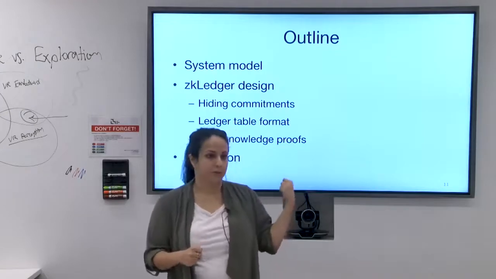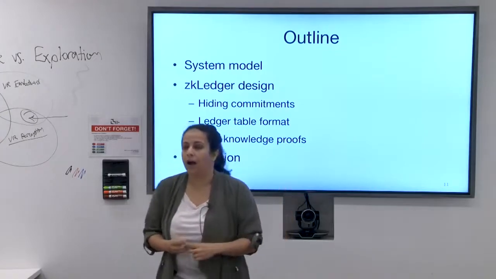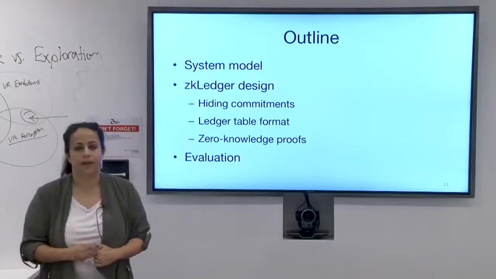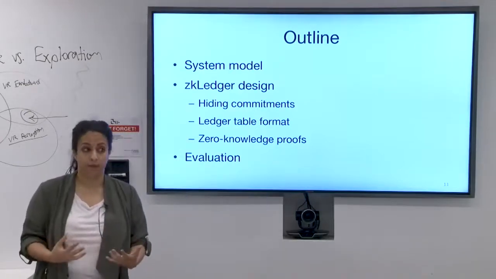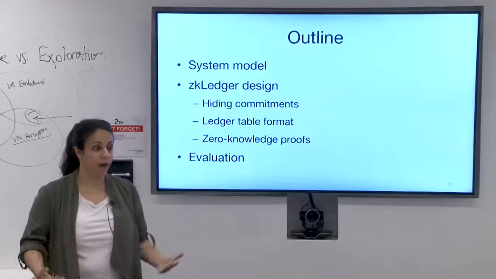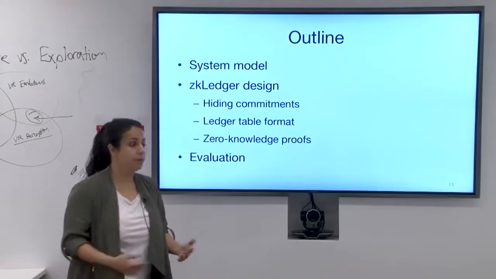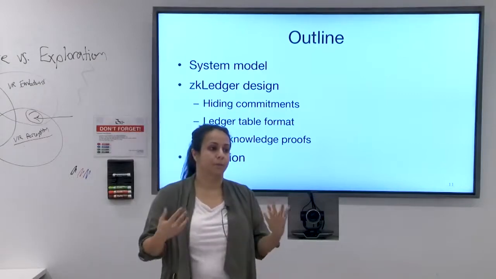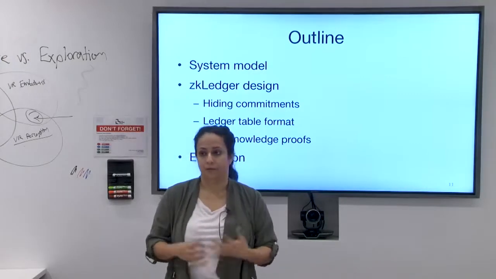And then I'll show you the performance of ZkLedger. So whether you buy this use case or not, I think you'll see these topics come up over and over again as you're looking at cryptocurrencies. People are quite interested in zero-knowledge proofs and how they can use them to provide privacy inside of cryptocurrencies.